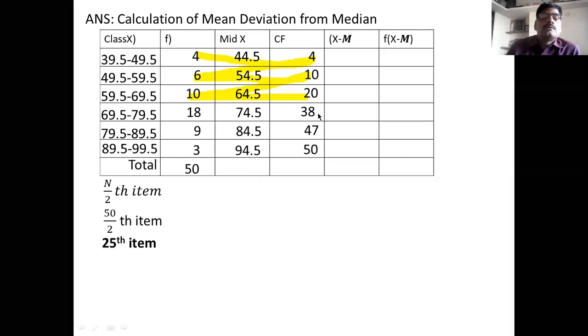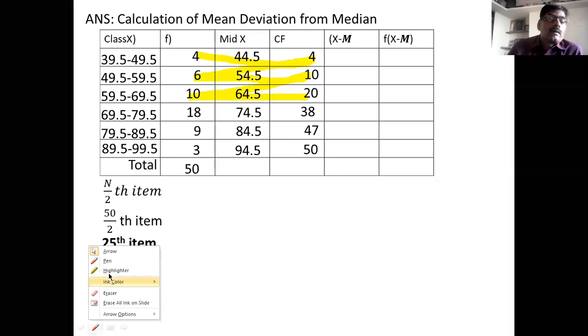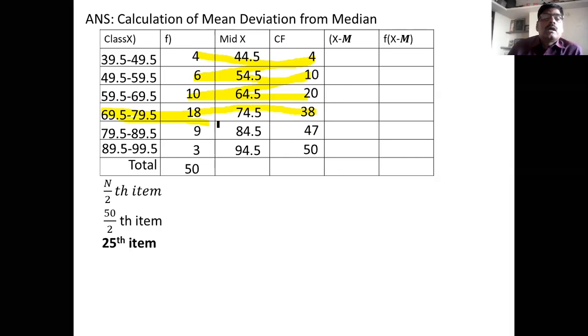The 25th item comes in this 38. So this 25 number comes in the 38 number, so this is called the median class. Taking the information from this class, you calculate the median.